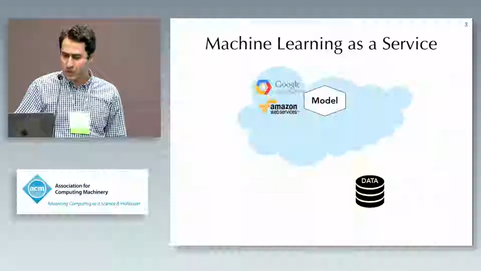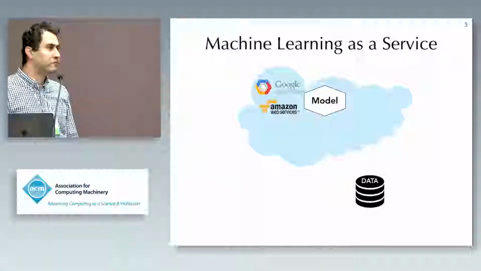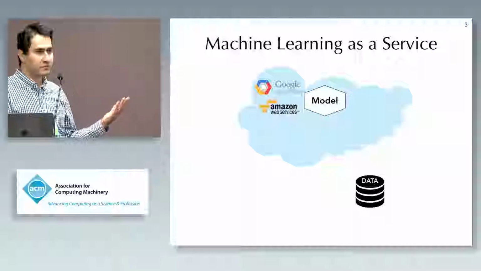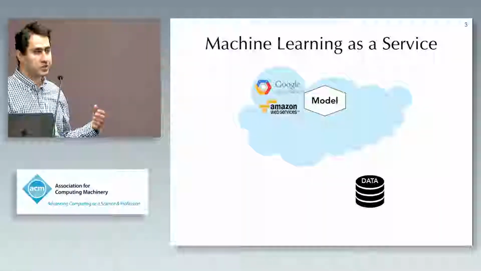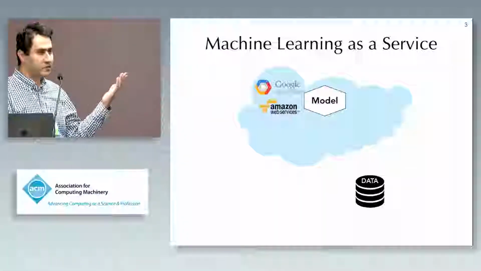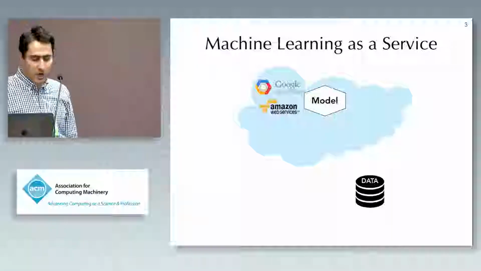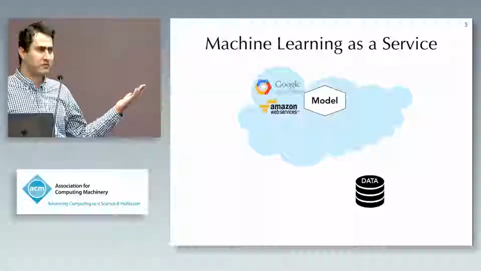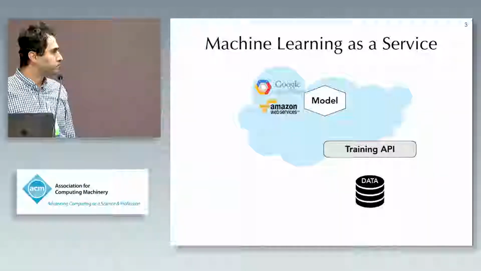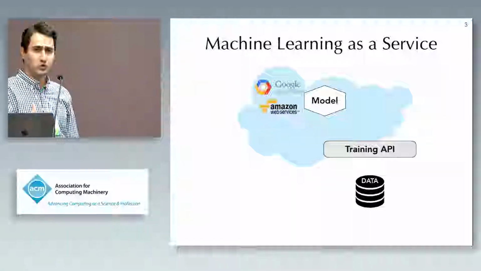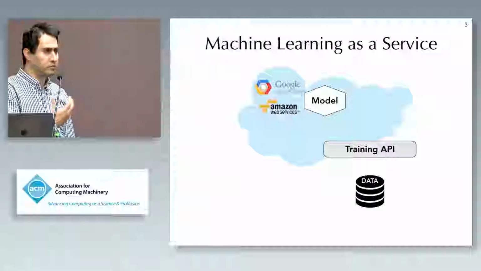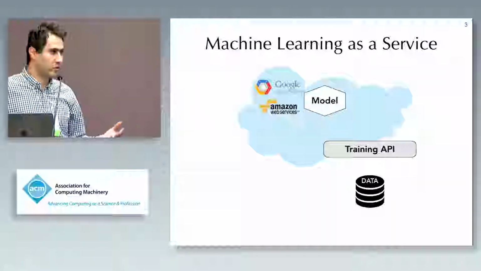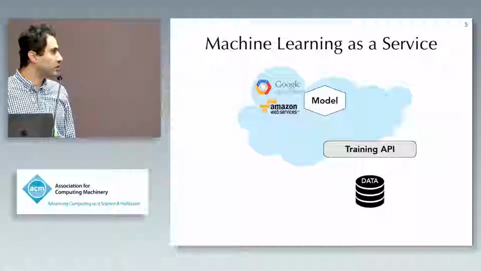A convenient and common way of building machine learning into your system is using platforms provided by Google and Amazon, which is known as machine learning as a service. Suppose that you want to build an app, you have some data. These platforms provide you a training API that you use to train your model. So you use that training API, you train a model for any particular classification task that you're looking for.